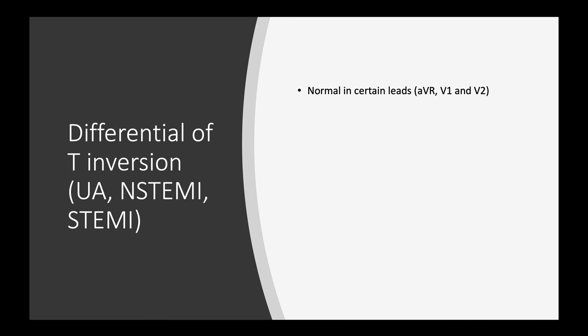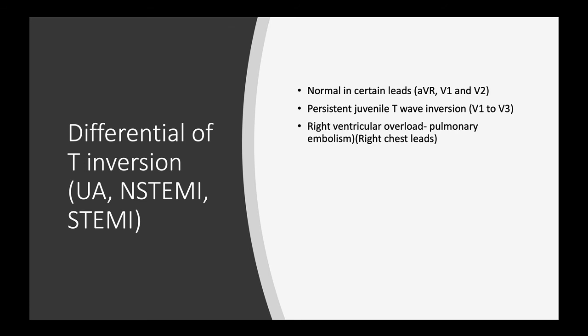What is the differential of T inversions? T inversions can be normally seen in certain leads like AVR, V1 and V2. There's a persistent juvenile T wave inversion pattern which might be seen in V1 to V3.